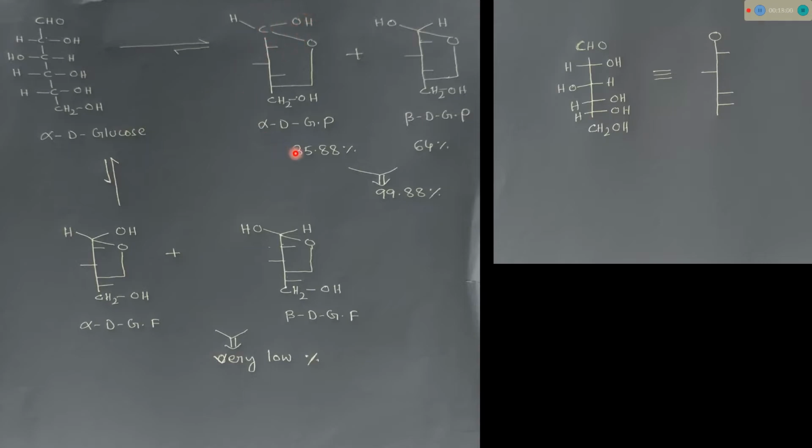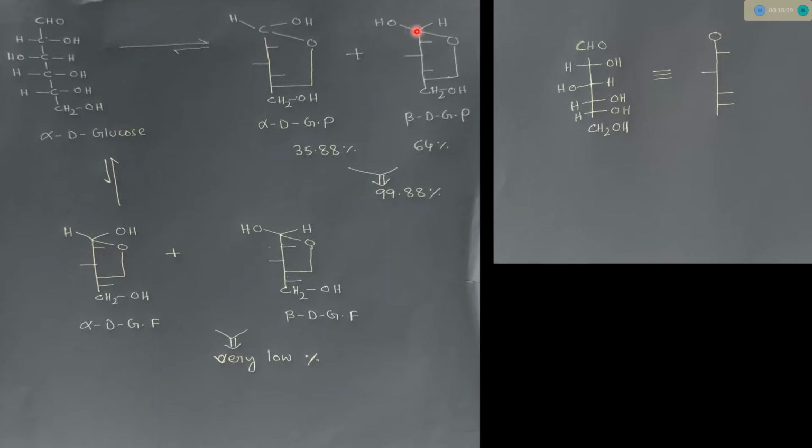So we can say in this anomer one equivalent of 1,2-diol is present, which is cis in manner. So in cis fashion, 1,2-diol one equivalent means these 1 and 2 carbons have 2 hydroxyl groups in cis fashion, so we can say one equivalent of 1,2-diol is present in it. In the beta anomer, the 1,2-diol is not in cis fashion, so 1,2-diol is present but not in cis fashion.